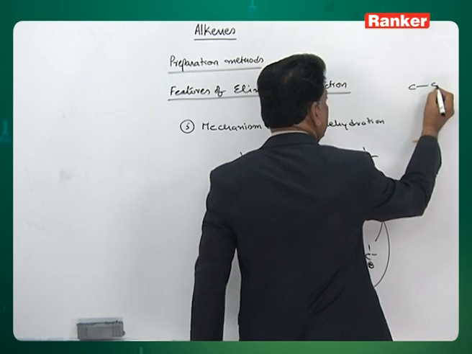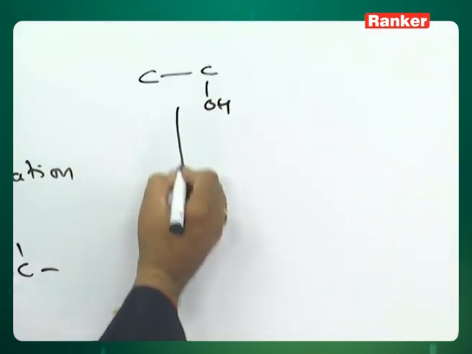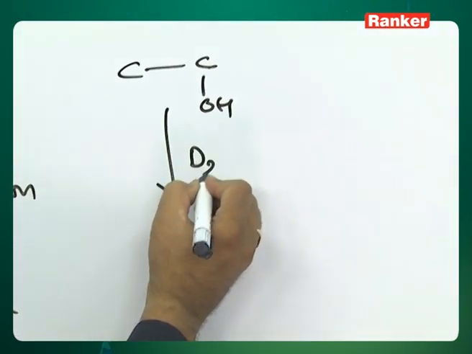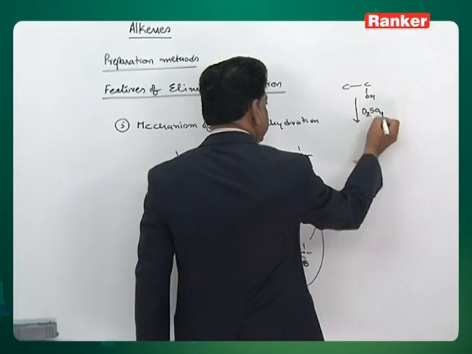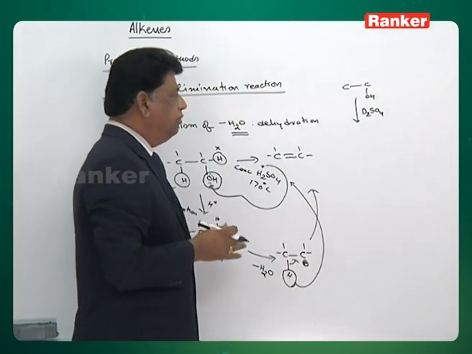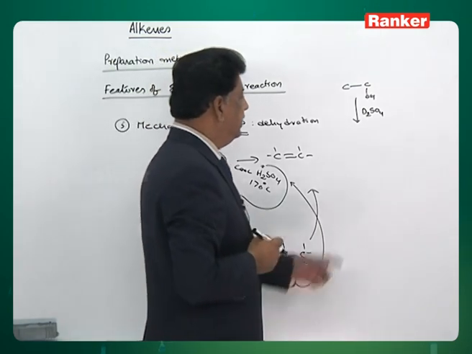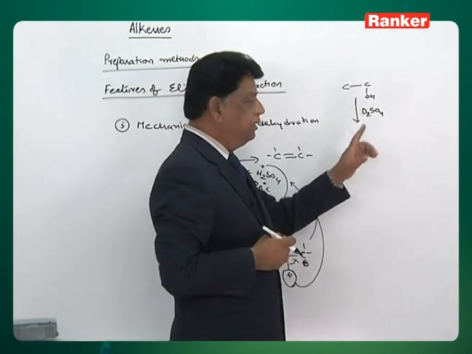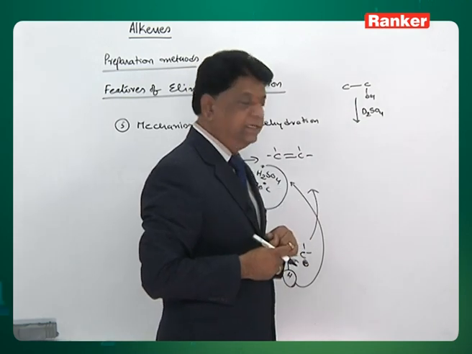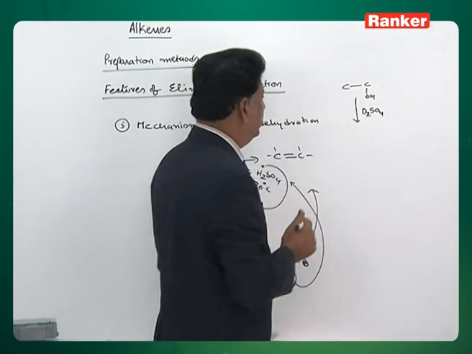Whenever you are heating the alcohol not with sulfuric acid, but with a sulfuric acid wherein hydrogens are not there, but instead deuteriums are there. This is called heavy sulfuric acid, just like heavy water, or deuterated sulfuric acid.